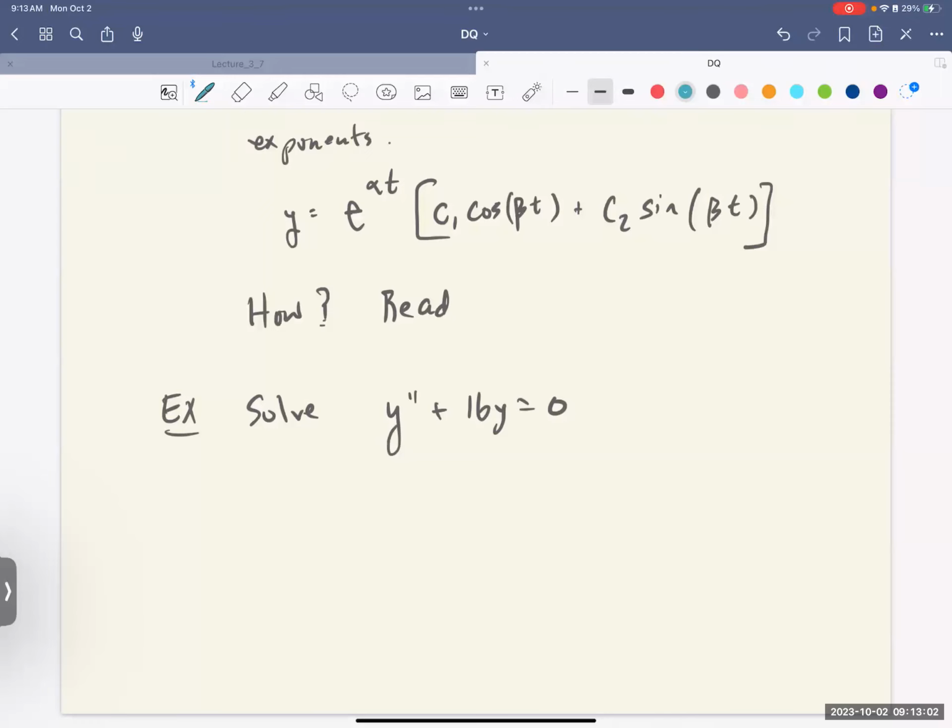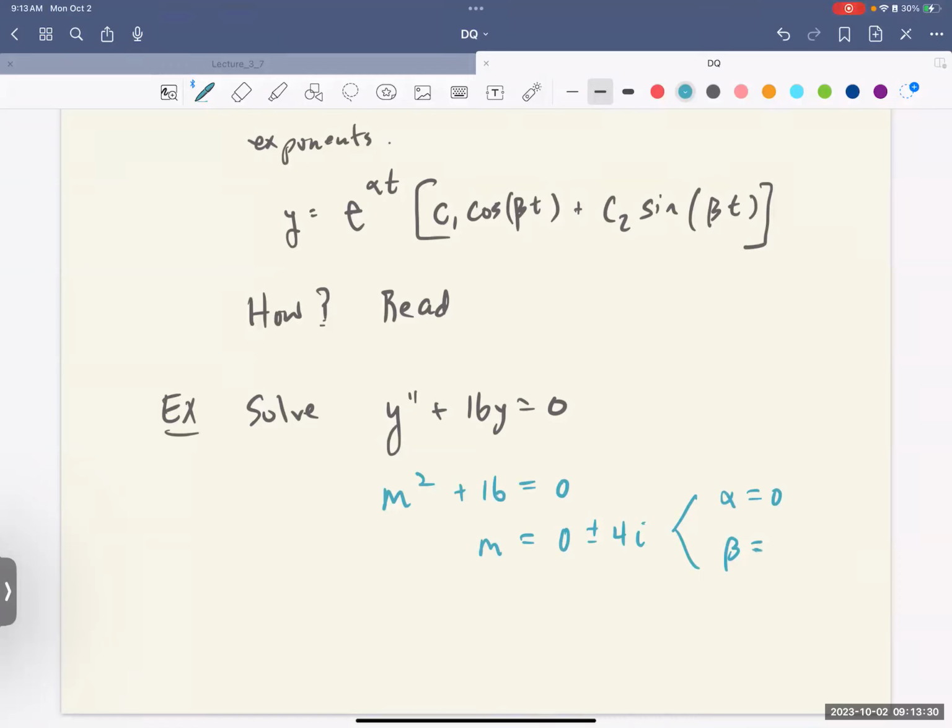All right, last one. Let's solve y double prime plus 16y equals 0. Your characteristic equation would be m squared plus 16 equals 0. This gives us m equals 0 plus or minus 4i. That tells us alpha is 0 and beta, we're going to use the plus version only, not the minus version.